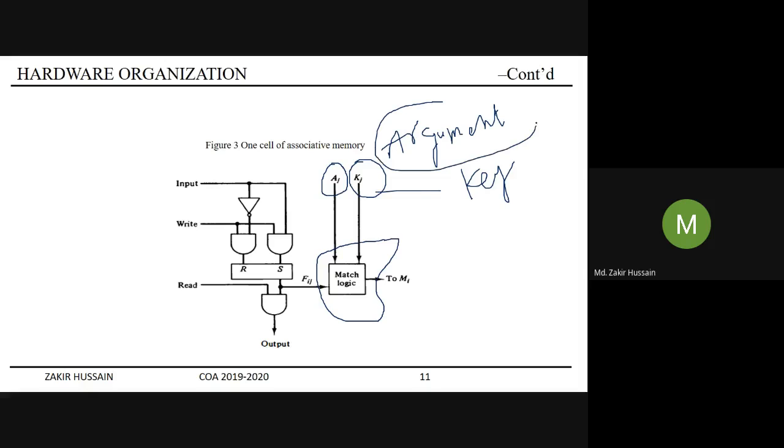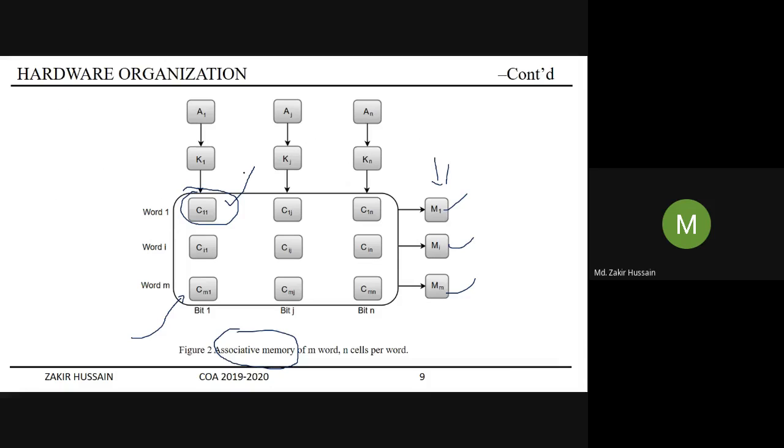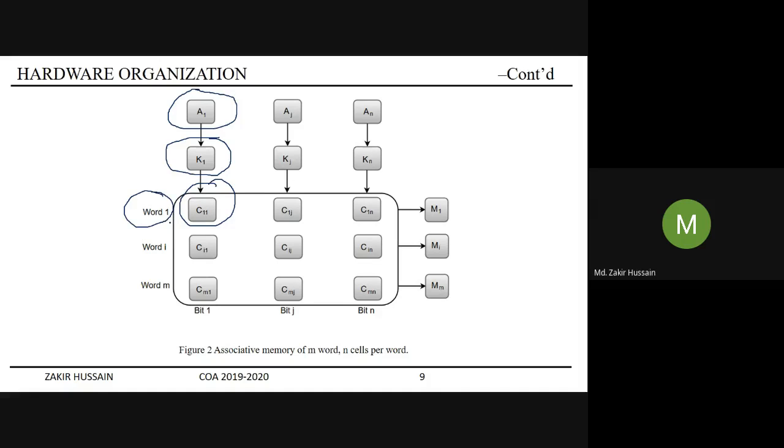Apart from the argument bits and the key bits, this word bit is also coming. You see the argument here, you see the key here, and the word here.